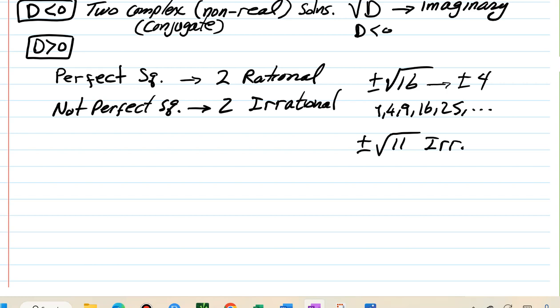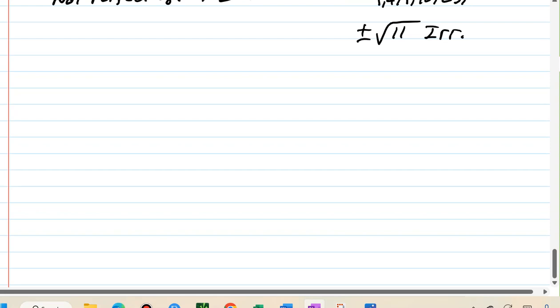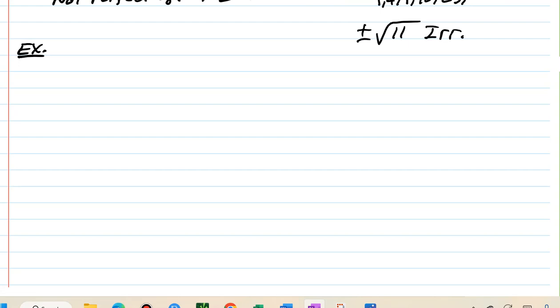Now, let's take a look at some examples together. We just want to solve a bunch of quadratic equations so we can get practice with it. x squared minus 5x plus 6 equals 0. For this one, let's say we want to solve by the zero factor principle. That means I need to factor it.